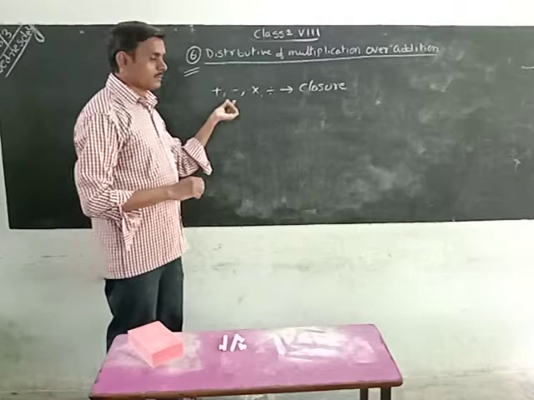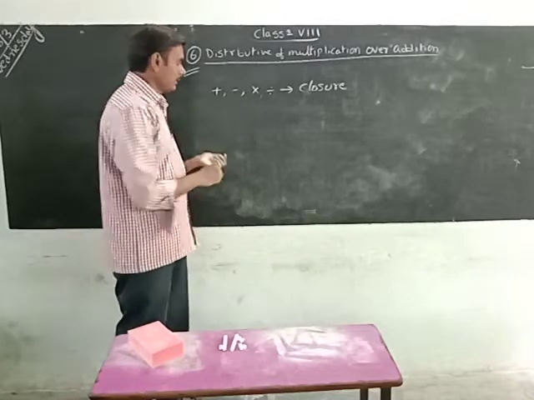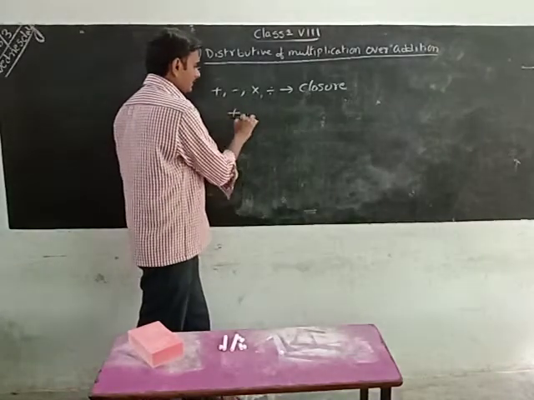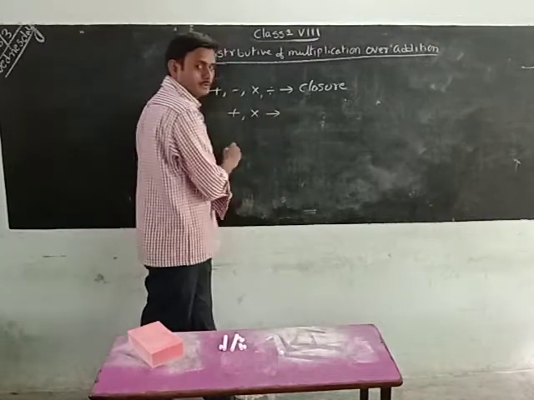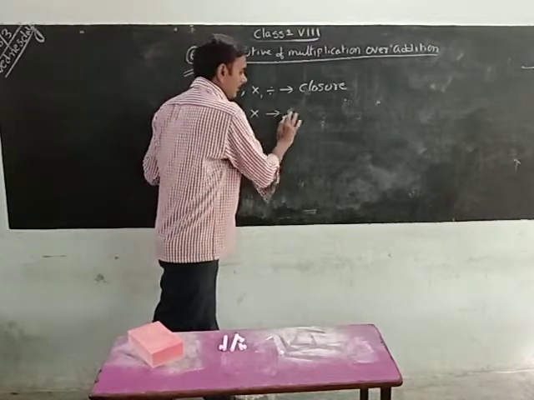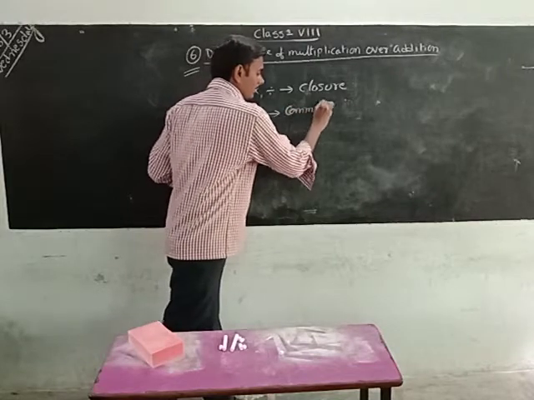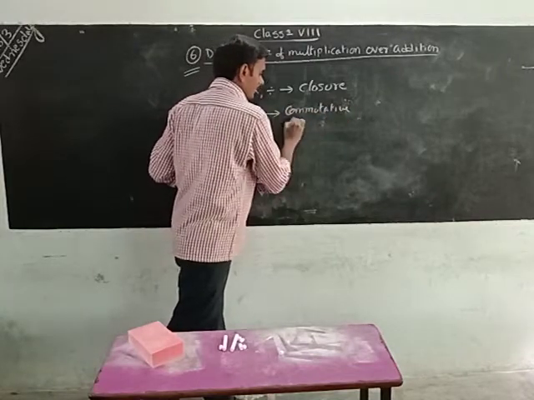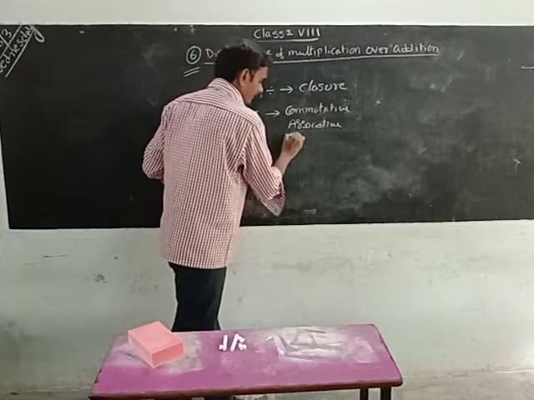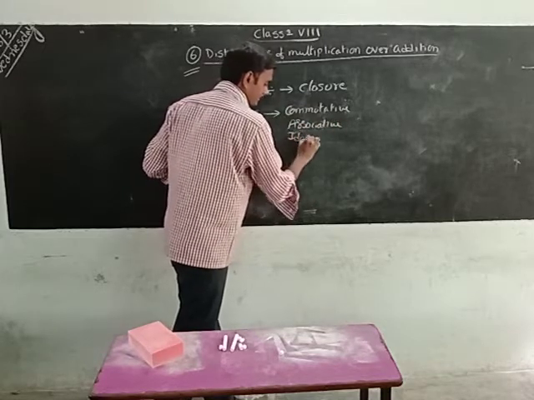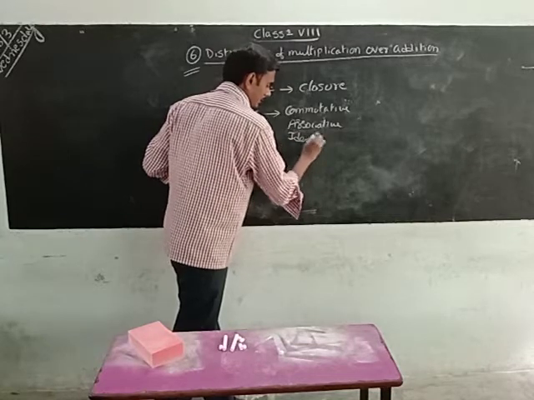If you go for the remaining properties, only the plus operator and the multiply operator will follow commutative, associative, identity, and inverse.